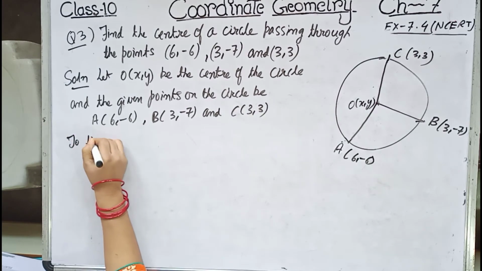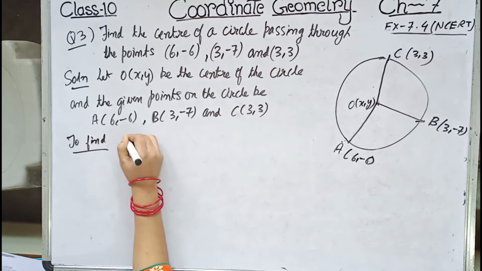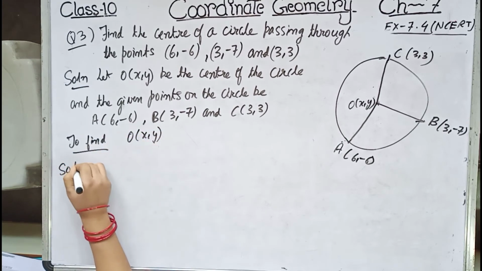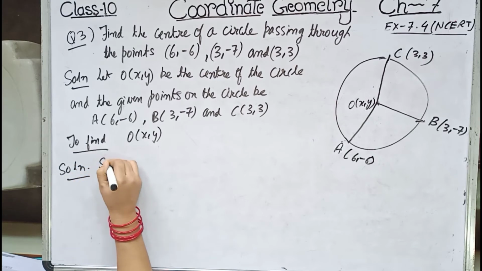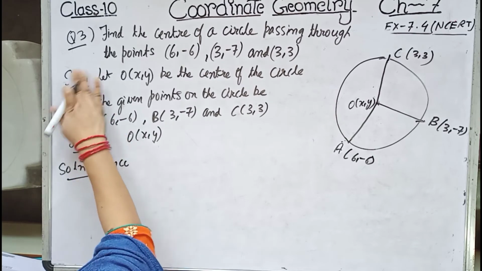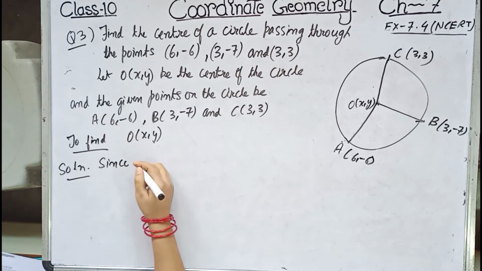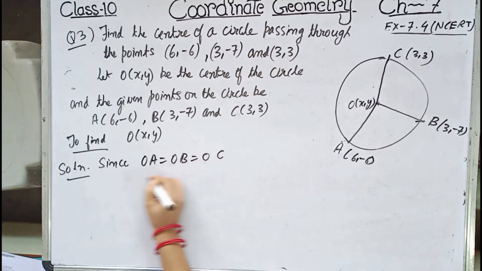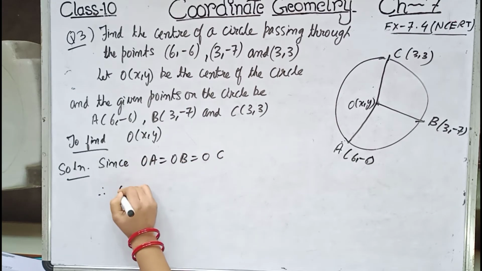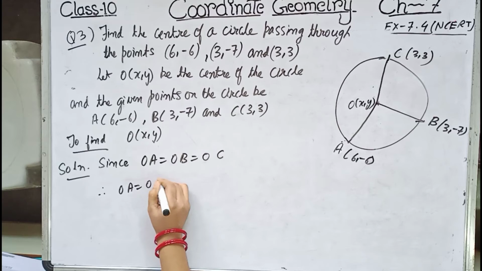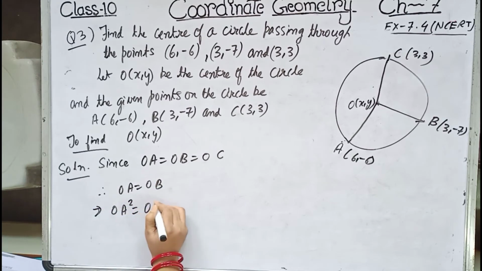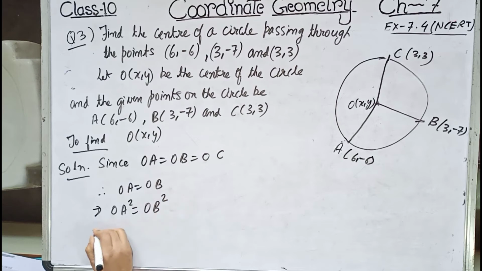To find O, (x, y). Solution: since OA equals OB equals OC, therefore OA equals OB implies OA square equals OB square.